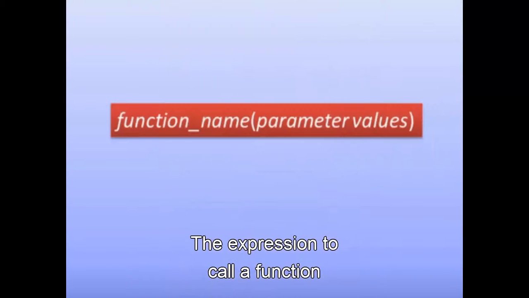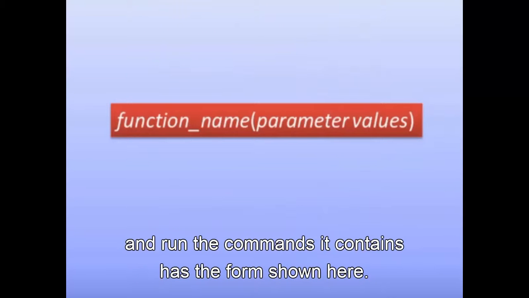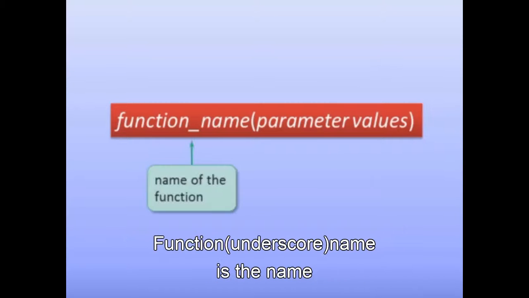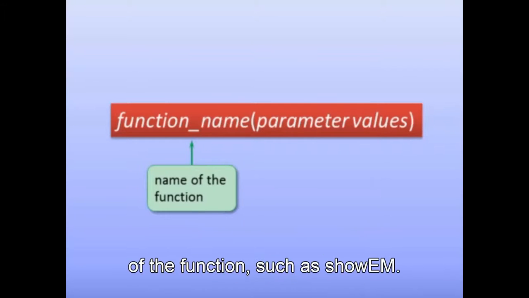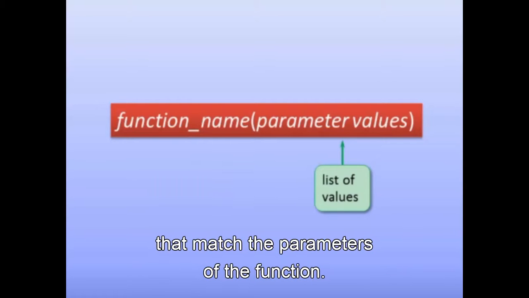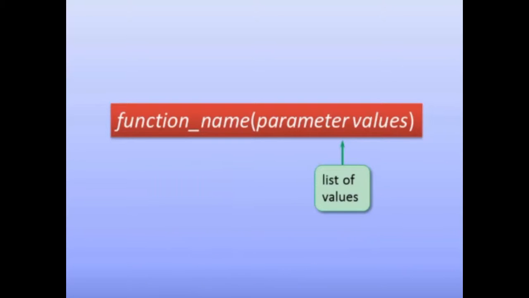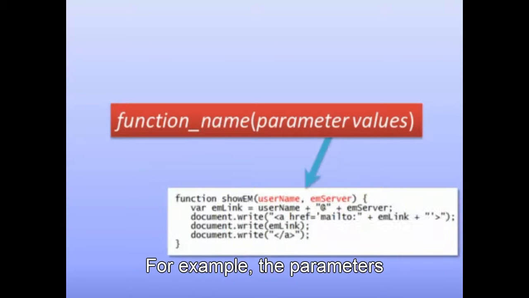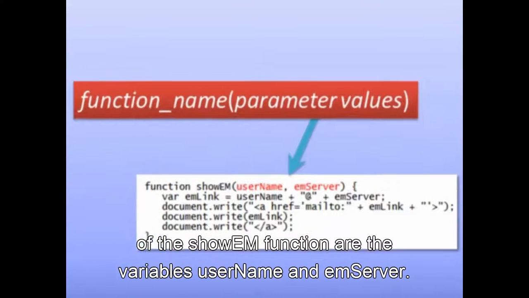The expression to call a function and run the commands it contains has the form shown here. Function name is the name of the function, such as showEm. Parameter values is a comma-separated list of values that match the parameters of the function. For example, the parameters of the showEm function are the variables username and EMserver.